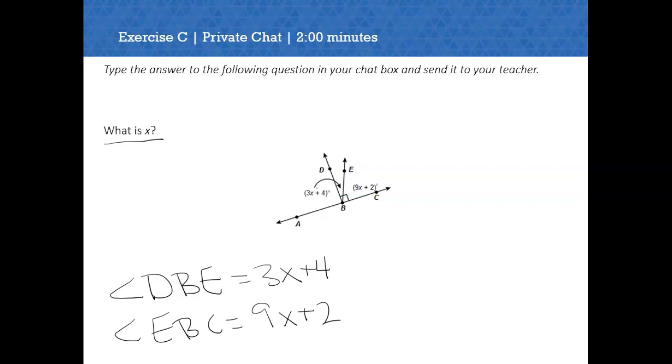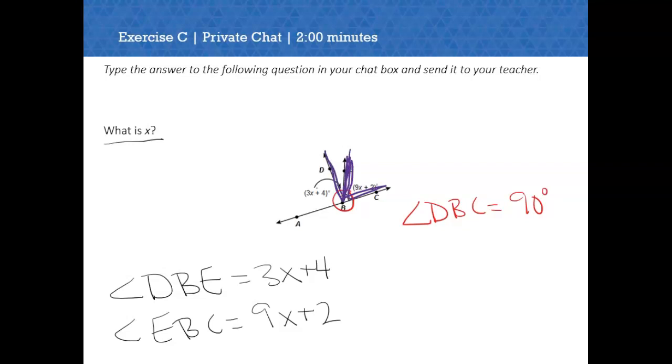And then this right here, that little box that goes for DBC means it's 90 degrees. So we can see that these two angles together are 90 degrees.